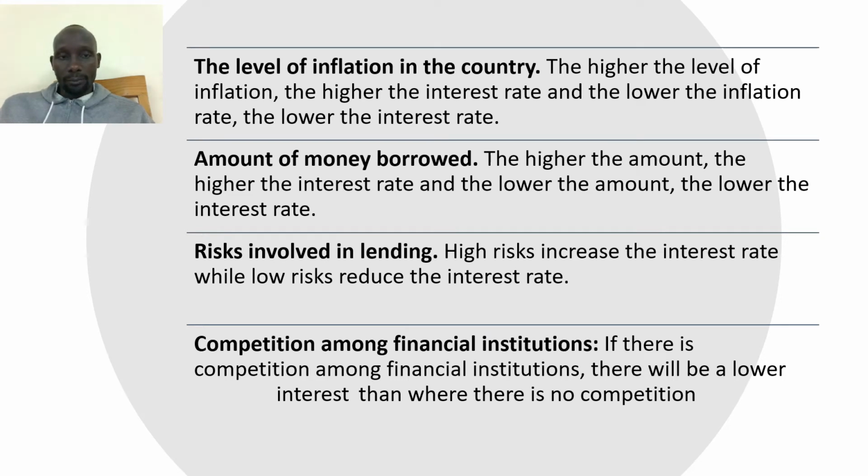Then you have risks involved in lending. So we have a situation where the risk of lending that money may be high. In that case, the interest rate will also be high, depending on the economic activity that people are going to invest in. While if the risk of borrowing or lending money is low, the interest rate will be low.